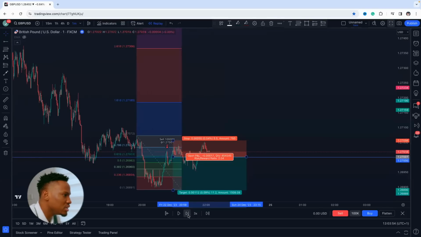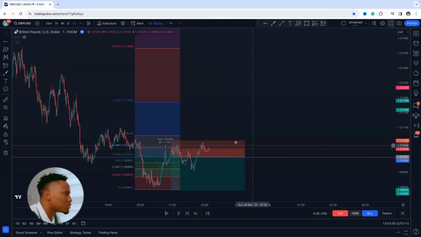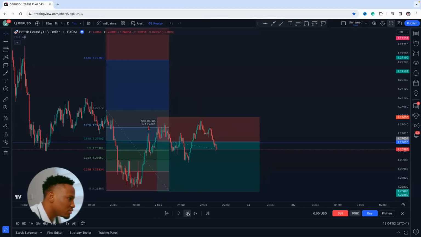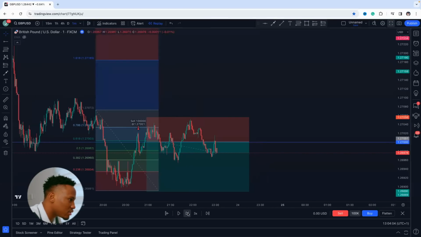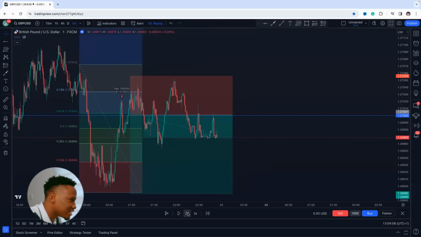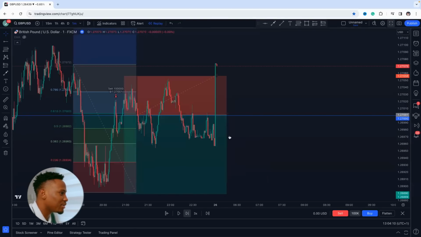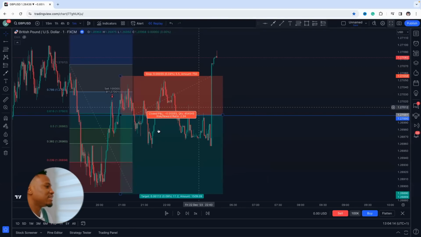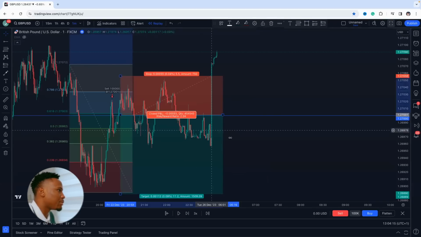Oh, stop loss almost hit again. Stop loss was almost hit in scalping. Although if you're a scalper and price gets into this level, you should have taken your money. For me, I would have been out if I was scalping. But this is too much headache just to catch 10 pips. Oh, now the stop loss was busted right there. But that's just how it works even in scalping.